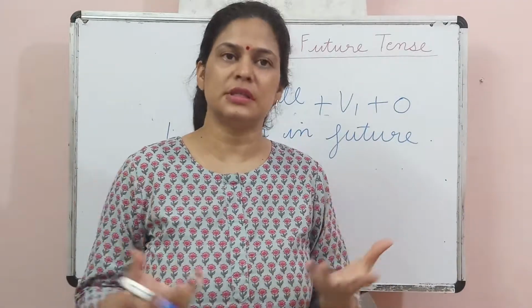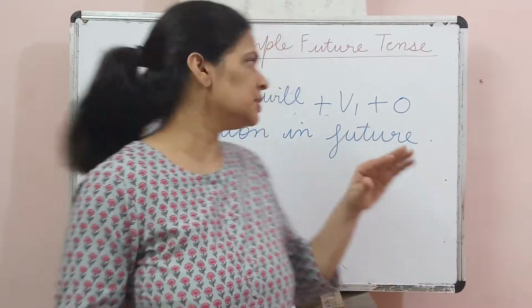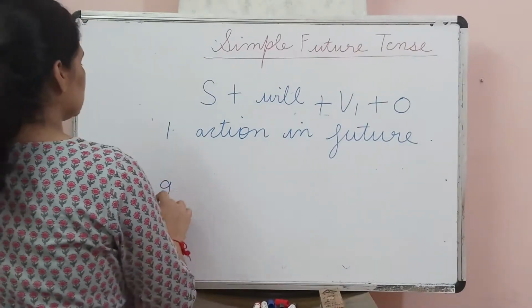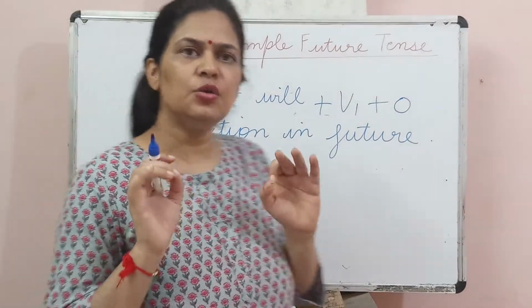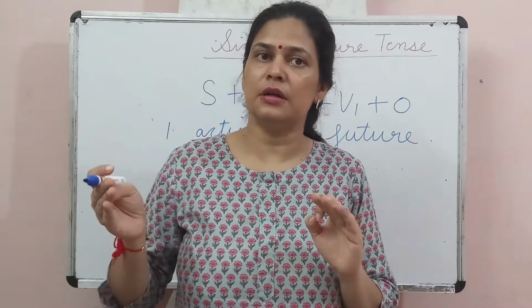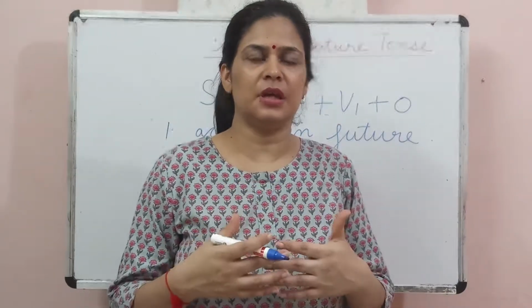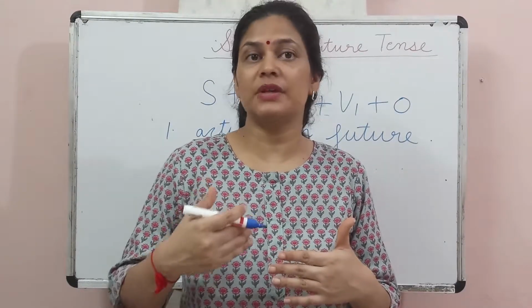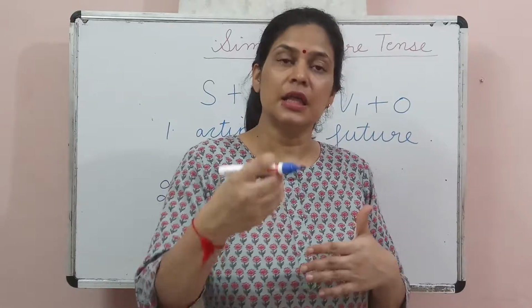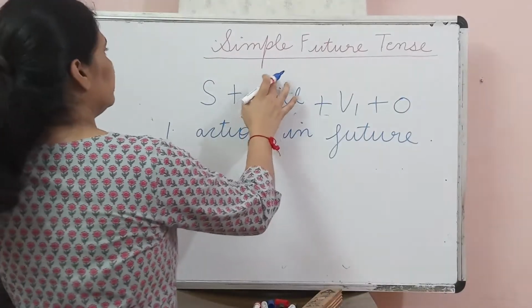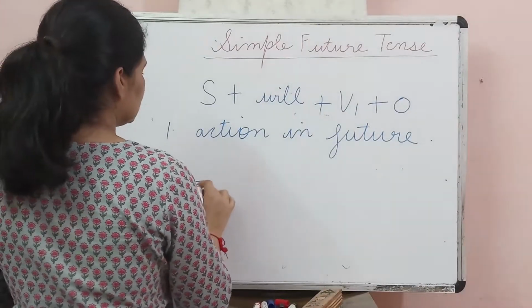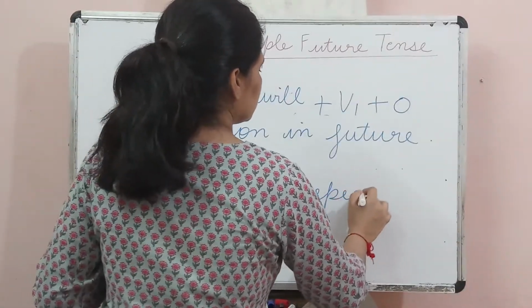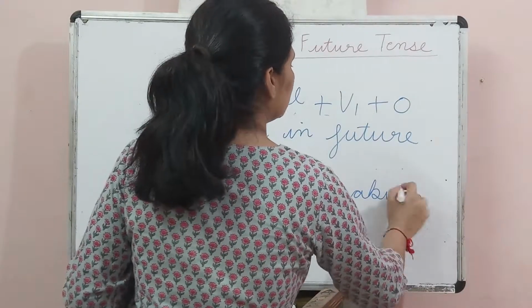The first usage is a possible future action, and the second usage is that you have not decided something earlier, but you are telling something which is not pre-decided. If you have decided just at the time of speaking, then also you can use simple future tense.